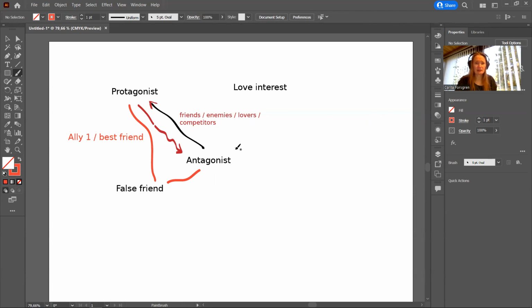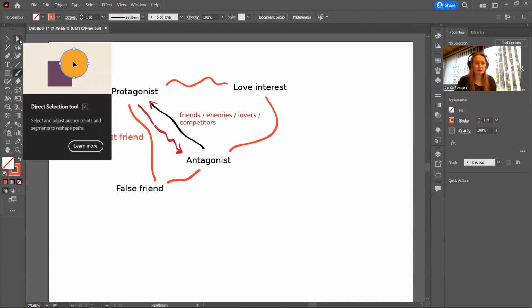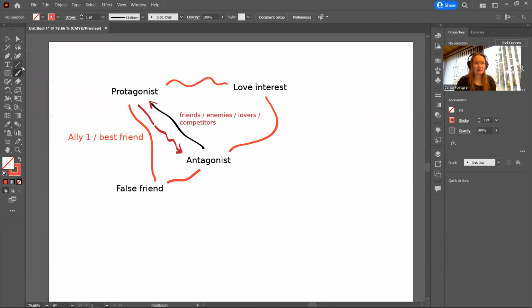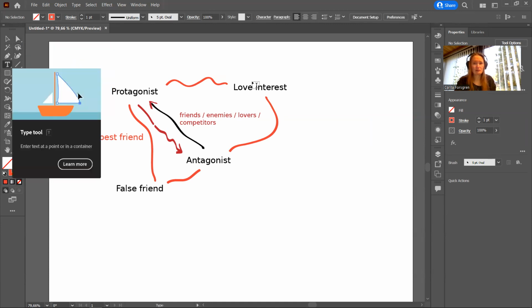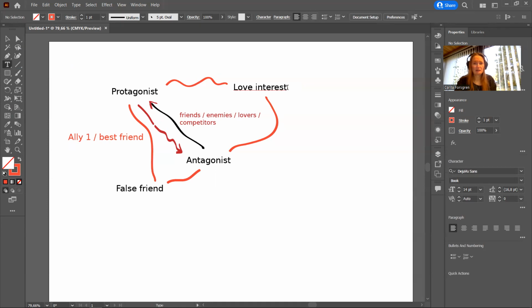So that changes. And here the antagonist and the protagonist might have the same love interest, or the love interest of the protagonist could be, I don't know, the boss of the antagonist or something else. So it's up to you, of course, to decide who is what to whom.